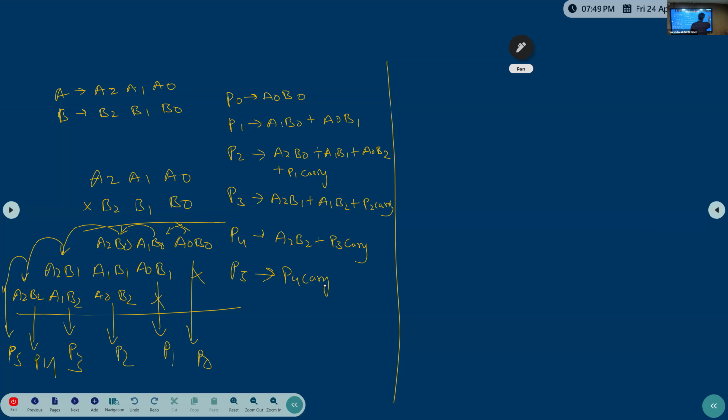A0 B0 gives product 0. Then A1 B0 and A0 B1.